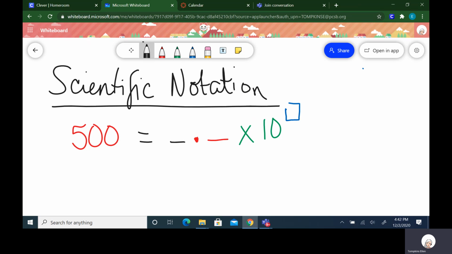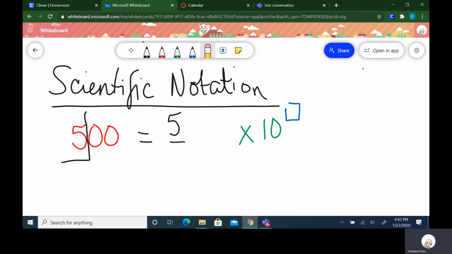So you're going to look at your standard and you're going to cut it right there at that first digit. That will go here. Now in this case, I have just zeros after it. So I don't need that. So it's going to be 5 times 10 to some power.